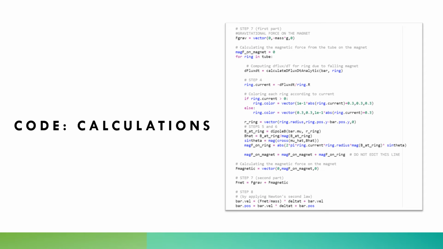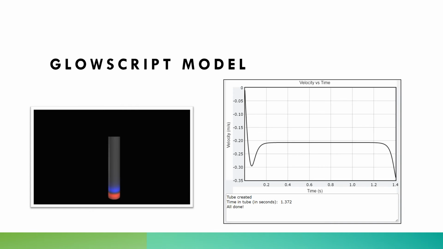This is then used to find the net force, which is just the force of gravity plus the force of the magnetic field. And then at step 8, you use the net force to then plot the bar magnet and its velocity.